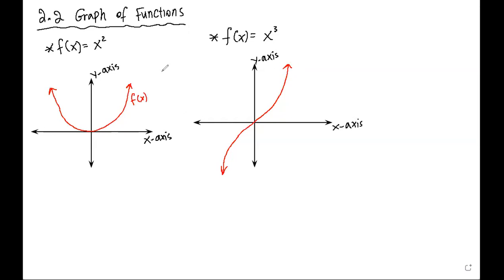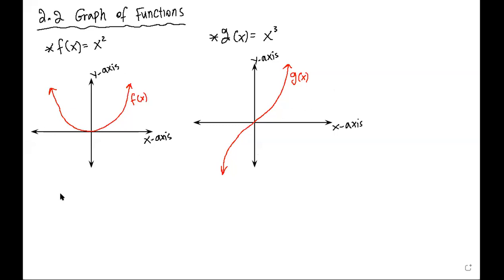And here, let me change it. Instead of f, let me give it as g of x. So here is g, and this is the function g of x. Okay.